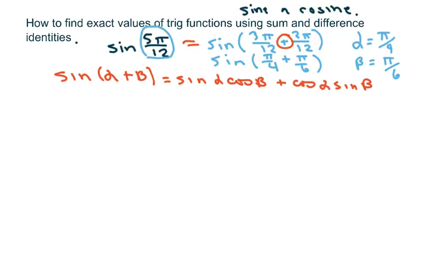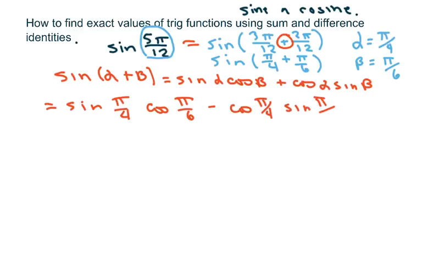So what we're going to do is sine of pi over 4 cosine of pi over 6 plus cosine of pi over 4 times sine of pi over 6. And then you just substitute.